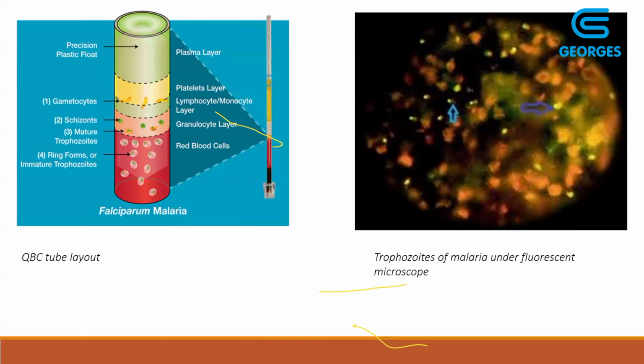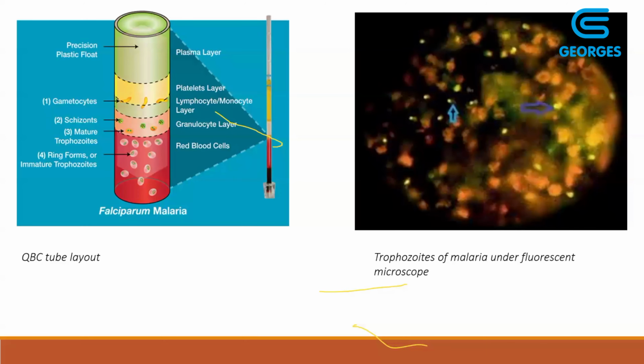So here is a pictorial presentation of a QBC. On the left, you can see how the tube looks like. It is a small thin tube. After centrifugation, it separates the blood into different components. The upper part is the plasma layer, and then the next part is where the gametocytes can be found, and the platelets layer.